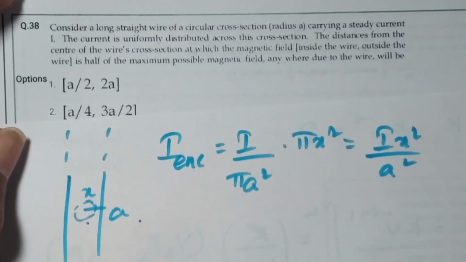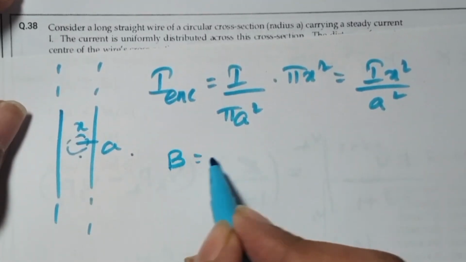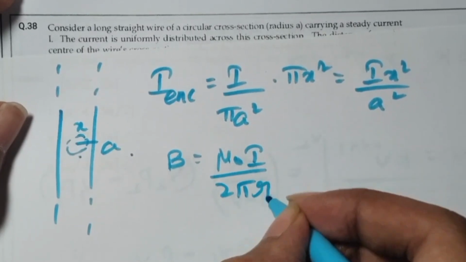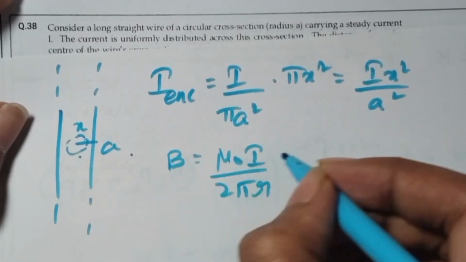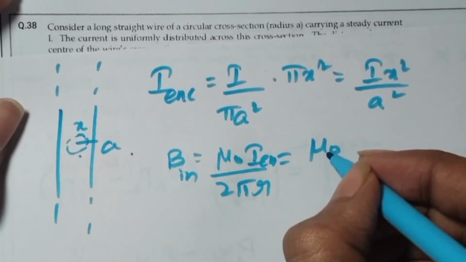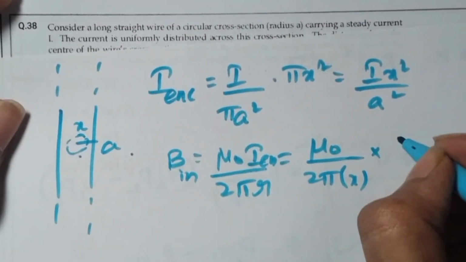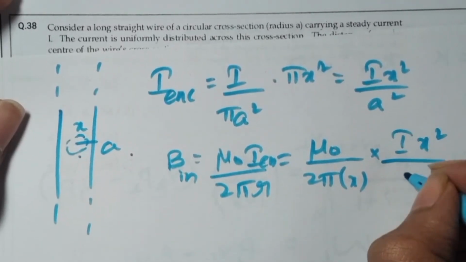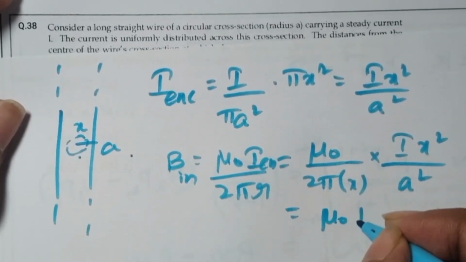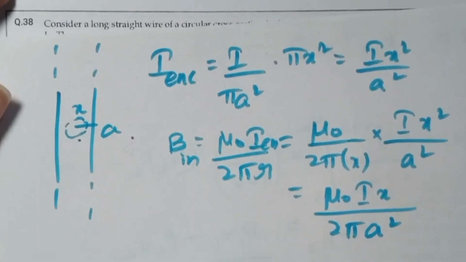We know the magnetic field due to a straight wire is B equal to mu naught I by 2 pi r. So B inside will be mu naught I enclosed by 2 pi x, with I enclosed being I x square by a square, that is mu naught I x upon 2 pi a square.